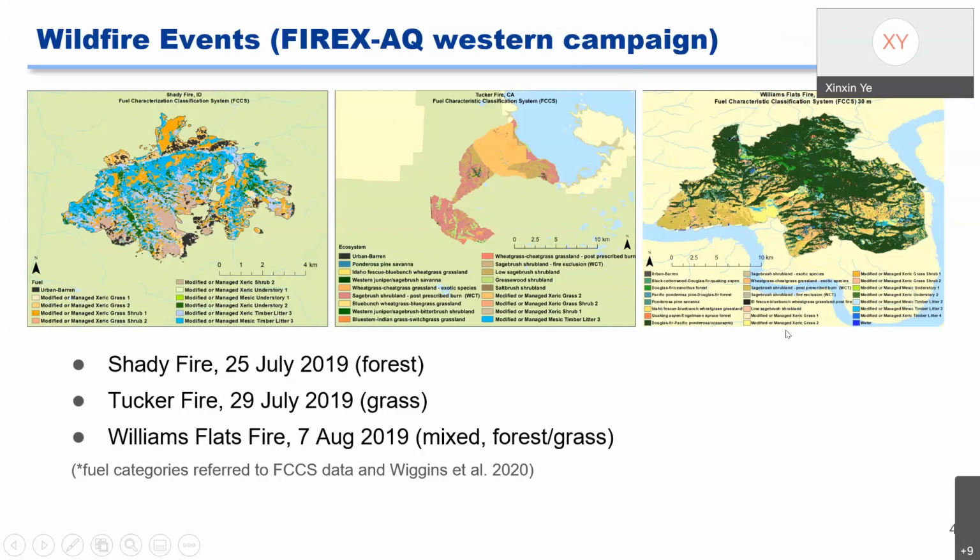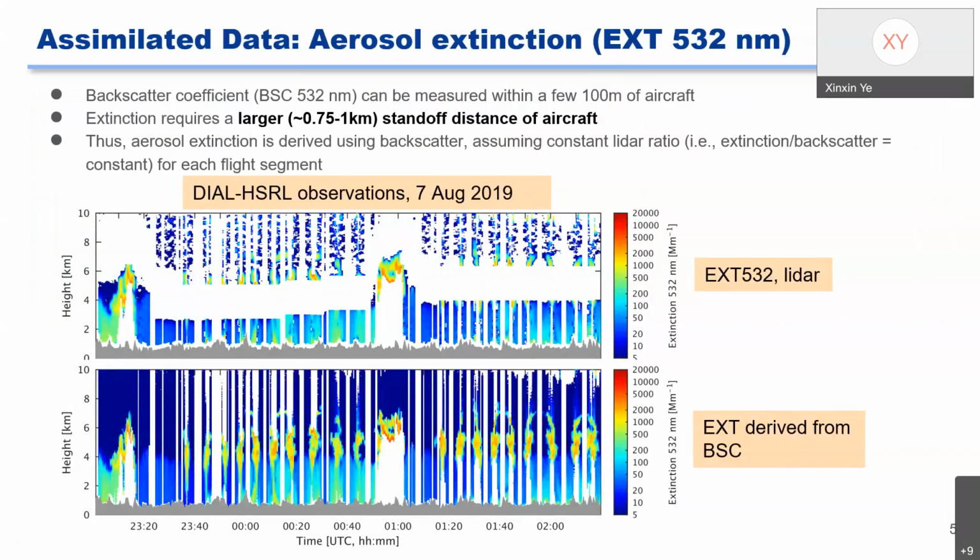So here is the data that we want to assimilate. The initial idea was to assimilate the aerosol extinction, which is also a diagnosed variable in the model system. However, due to the LiDAR sensor properties and features, there is also the backscatter data. The aerosol extinction data needs a larger standoff distance from above and below the aircraft.